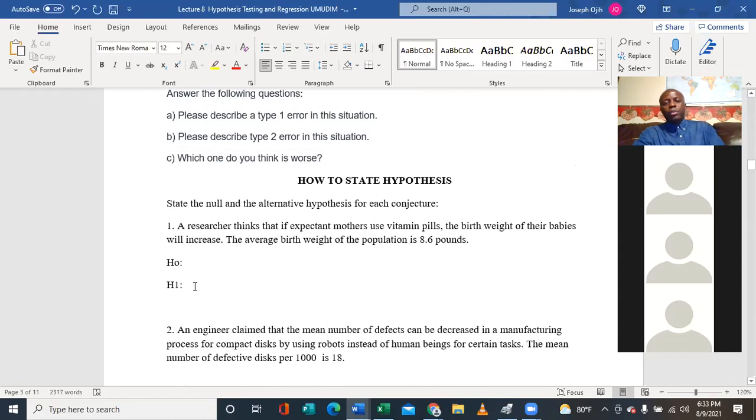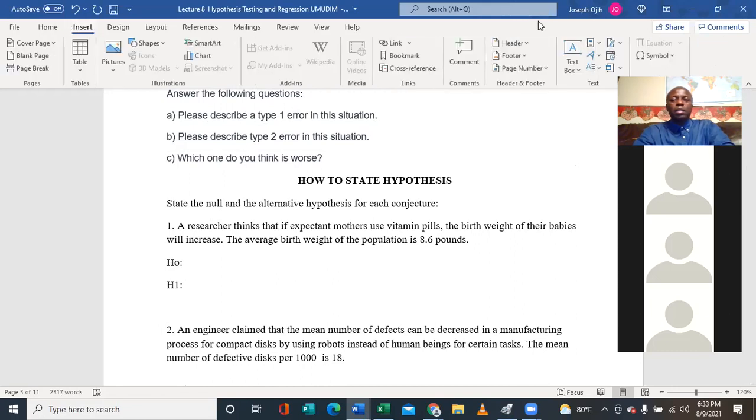So you write that first. H1, that means the mean will increase, greater than, that means it will be bigger than the average birth weight of 8.6 pounds. This is the claim right there.